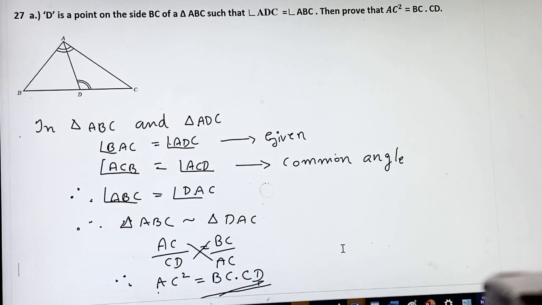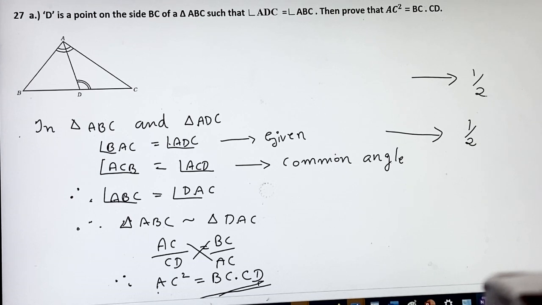If we write these many steps, we get the 3 marks. Now I'll tell you how these 3 marks are split. The diagram itself carries half marks, and the given data, that is angle BAC is equal to angle ADC, carries half marks.